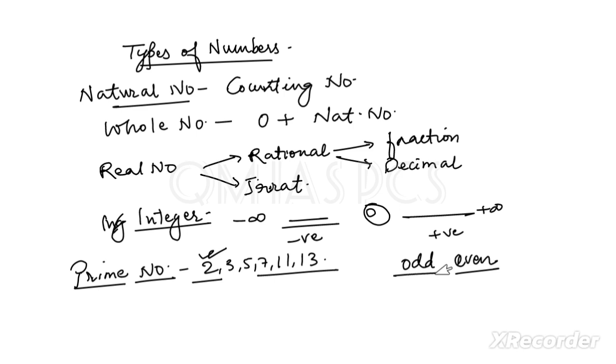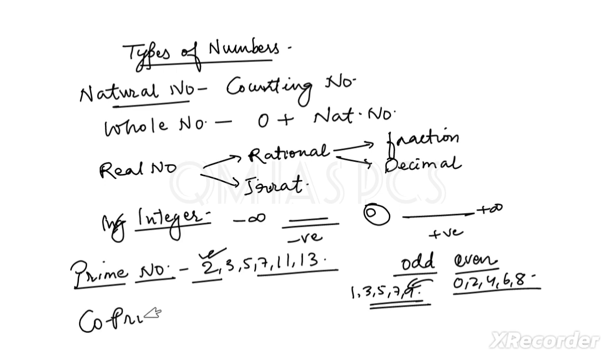You understand what an odd number and an even number are? Even number means the unit place should be 0, 2, 4, 6, 8, and the rest are odd, meaning the unit place should be 1, 3, 5, 7, and 9. Clear? Then after prime numbers, there is co-prime. Similar concept.